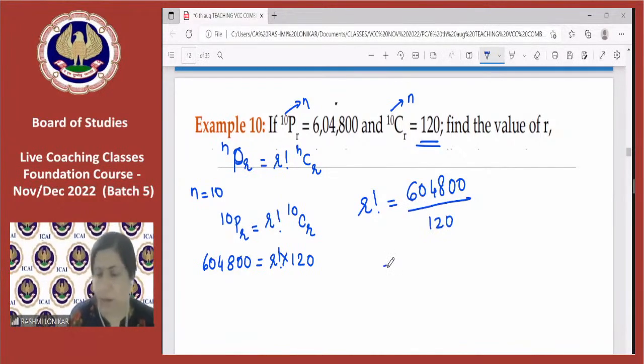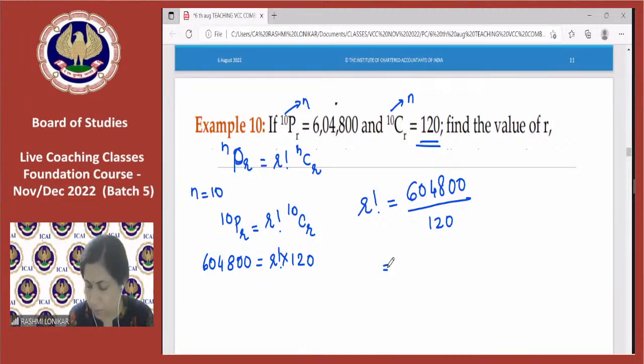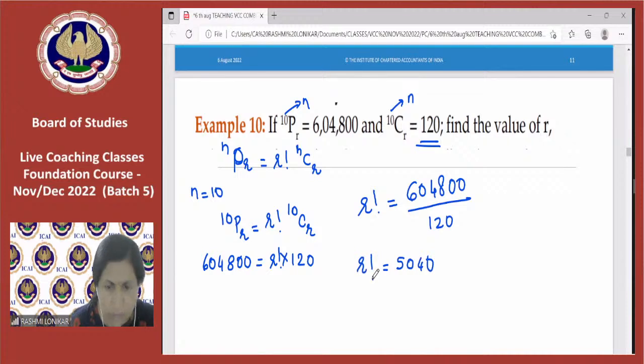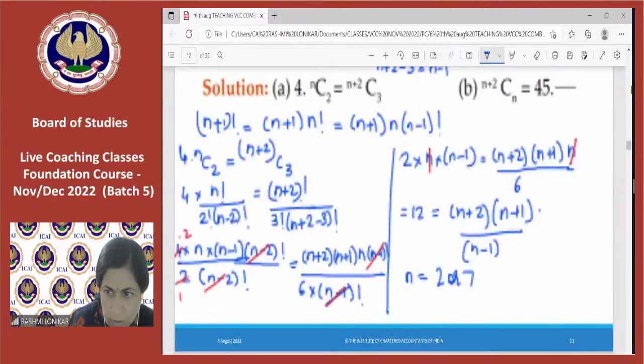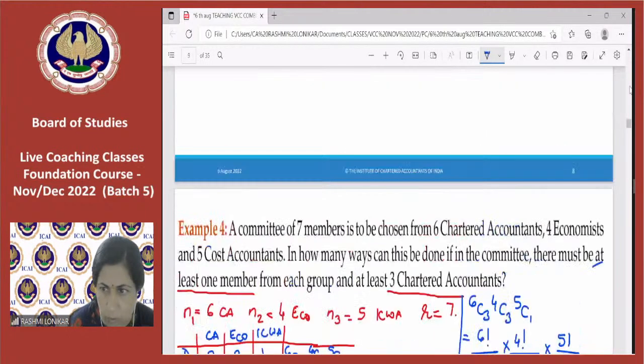Now, what is the value? 604,800 divided by 120 is equal to 5040. R factorial is 5040. Now let us go back to the chart that we have made for ourselves.